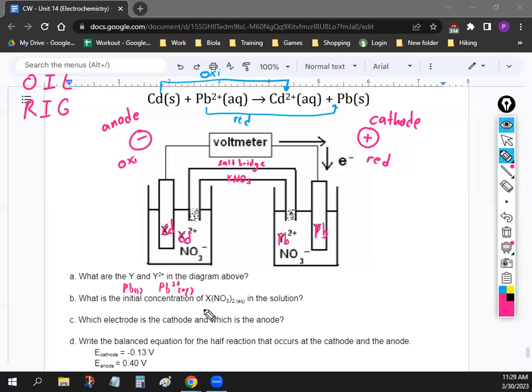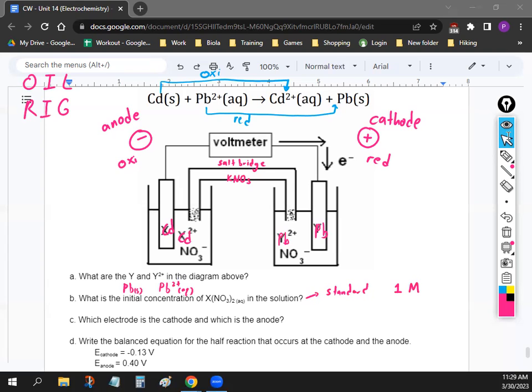So we'll go to part B now, initial concentration. If you take a look at the problem, it says that the initial concentration of this galvanic cell is standard. You see that in the problem above? If it is standard, it means the concentration for everything is 1 molarity. That's something you have to memorize. It's like a constant value, like STP.